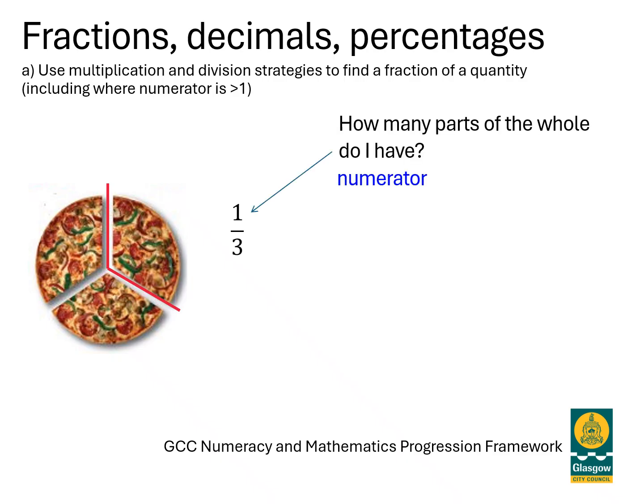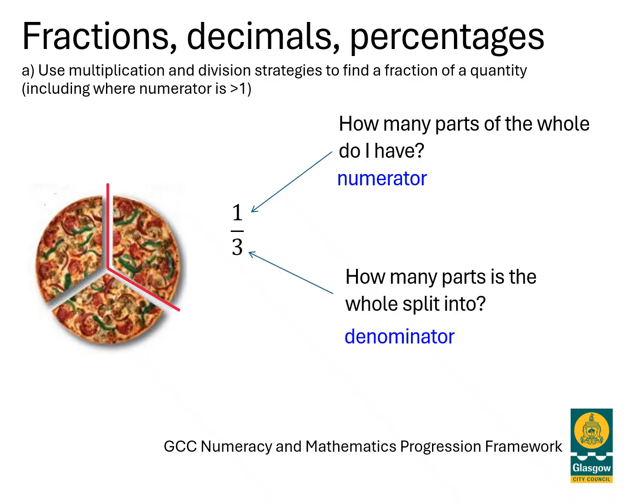And it's because the top number's telling us the number of parts that we're interested in. So if I ask you to take 1/3, you're going to take one of them. And the bottom number's telling us how many pieces altogether there were in that pizza, or how many pieces the whole has been split into.